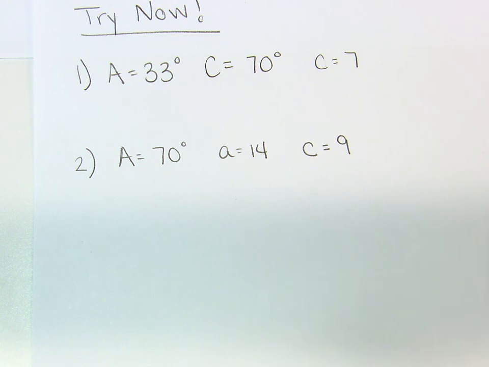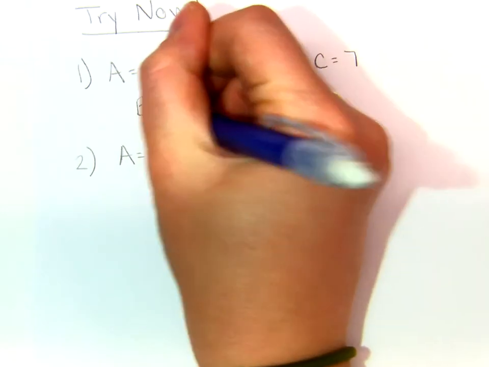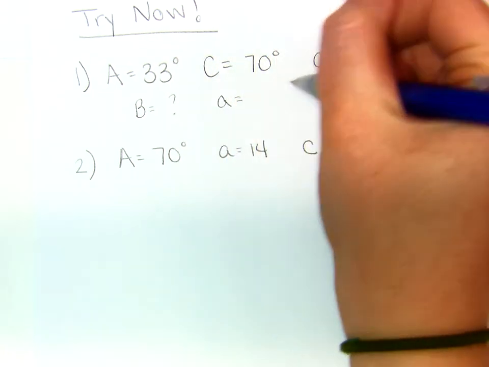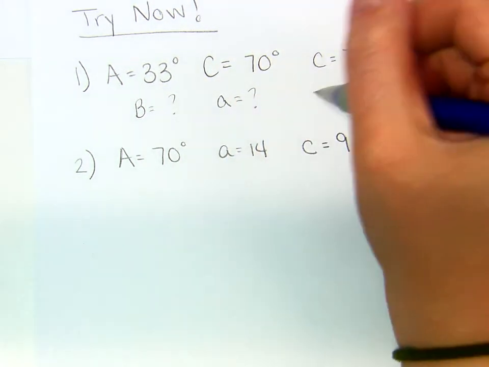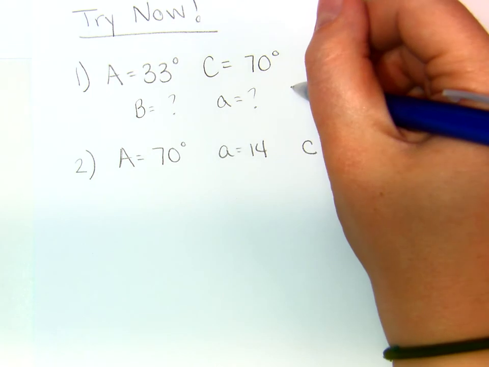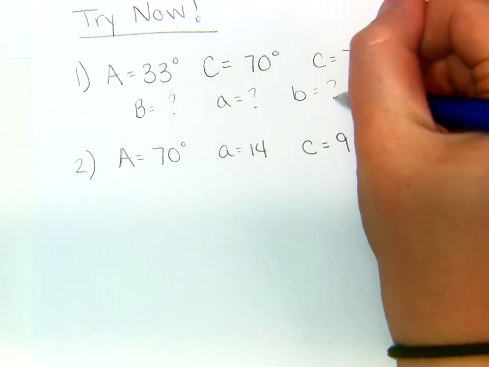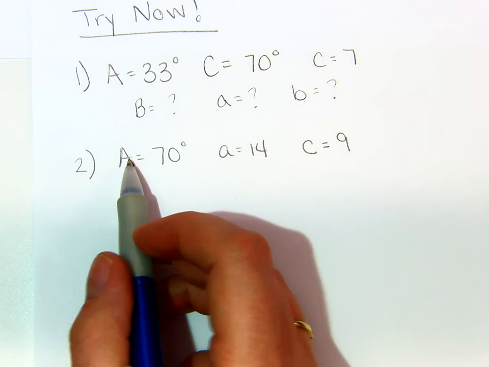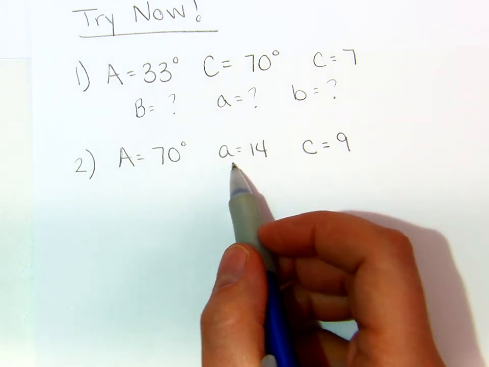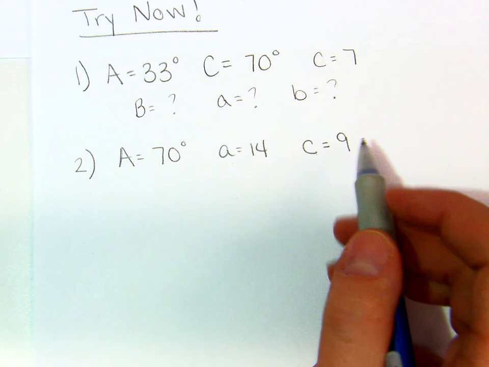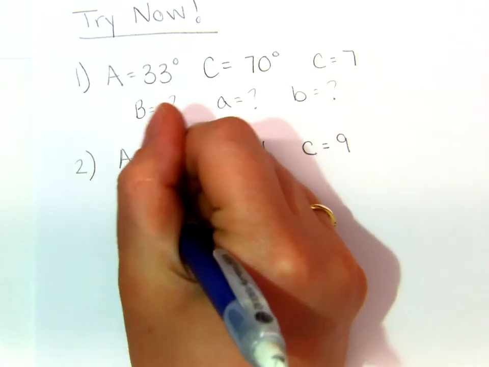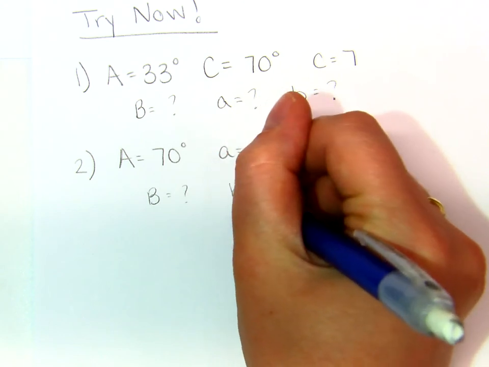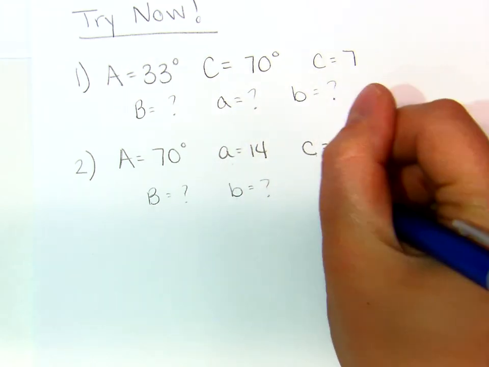And I want you to find angle B, side A, and side B. The second one you're given angle A is 70, side A is 14, and side C is 9. So you need to find angle B, side B and angle C.